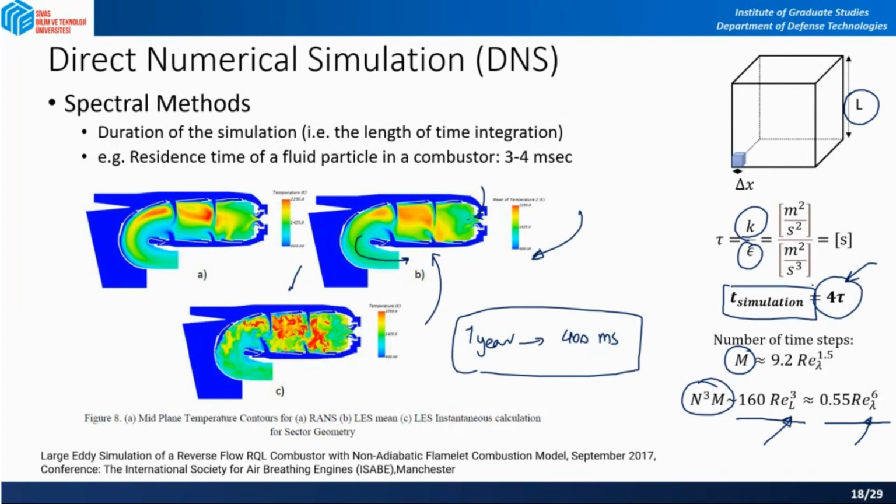Exactly from this formula, you can estimate that if the Reynolds number is doubled, the number of operations, or the cost of computation, will be increased by 35 times.